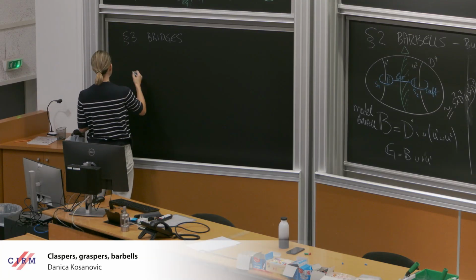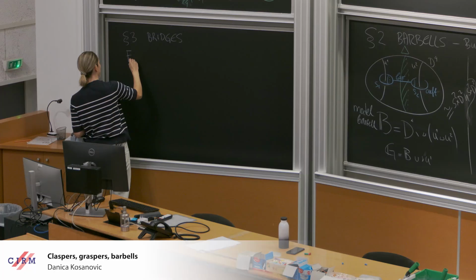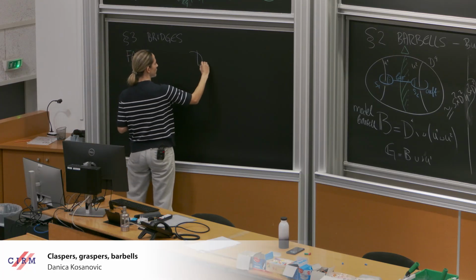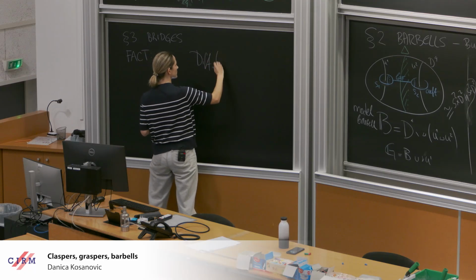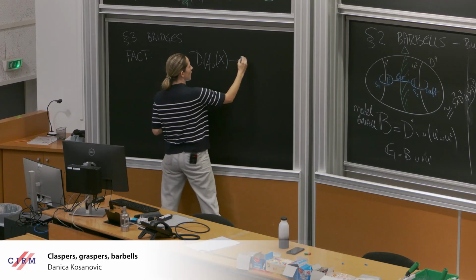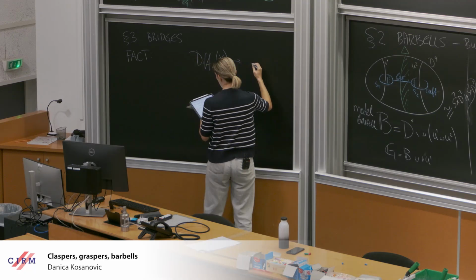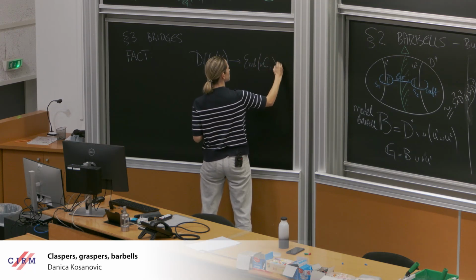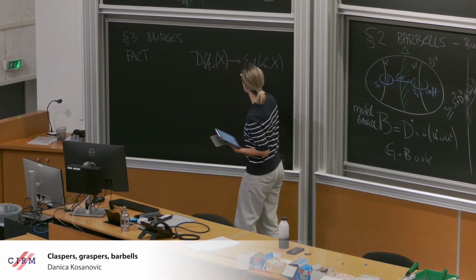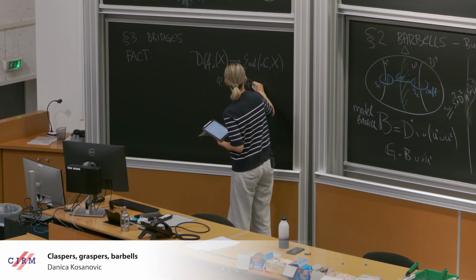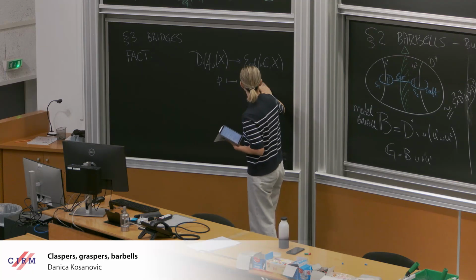And I'll say a very useful fact that everyone should know. If you start with diffeomorphisms of a manifold X, maybe with boundary, if it has boundary, you can evaluate any diffeomorphism on a given embedding. So if I have embeddings of some submanifold C, this just sends a diffeomorphism phi to phi composed with c, little c.